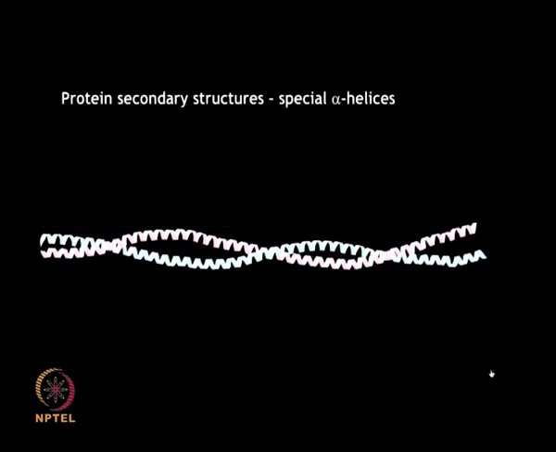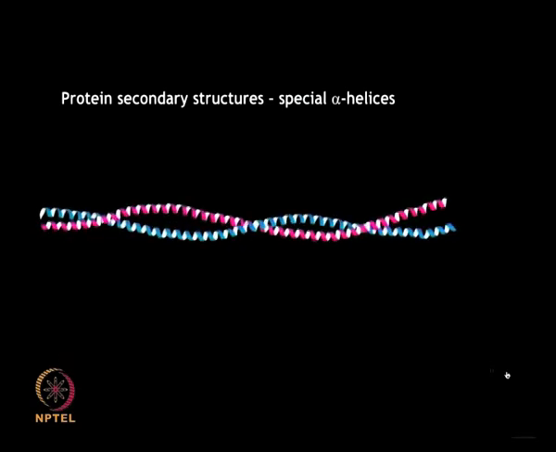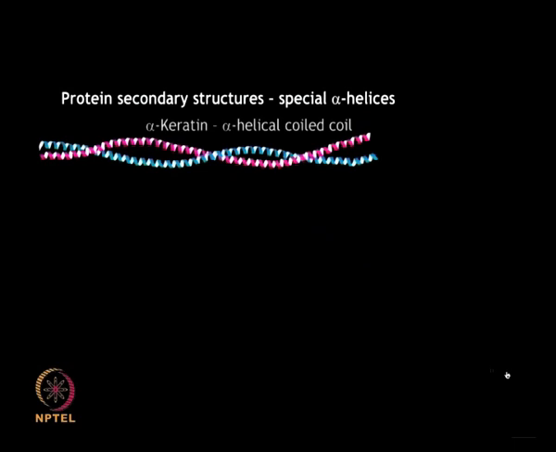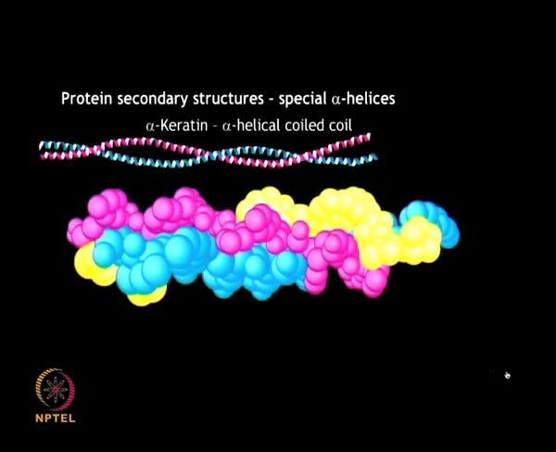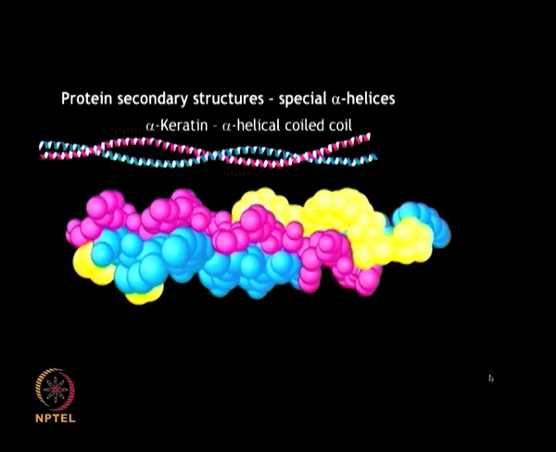Alpha helices can also wind around each other to form stable structures, such that their hydrophobic residues are buried inside, while their polar side chains are exposed to the aqueous environment. Alpha keratin, the major protein component of hair, consists of two such coiled coils forming a left-handed superhelix.